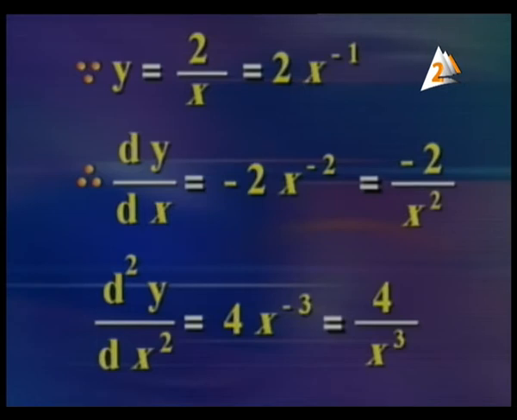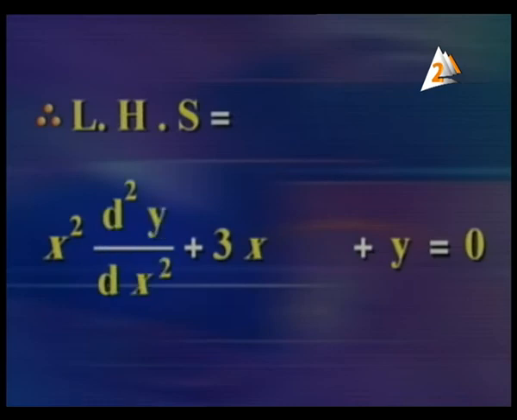Remember, dear student, we have dy/dx = -2/x². Also, we have d²y/dx² = 4/x³. Therefore, the left hand side becomes x² d²y/dx² + 3x dy/dx + y.